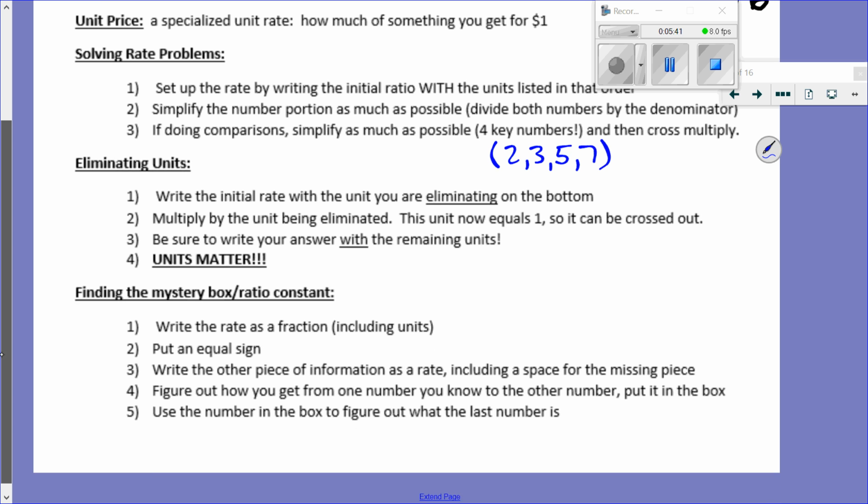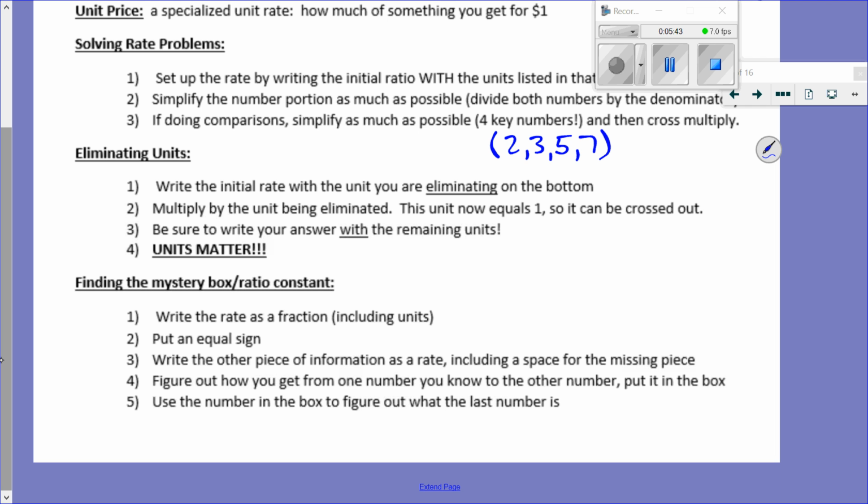Once you have the two numbers, you're going to take a look at them, and here's where the magic box gets in. You're going to write a little box right above your equal sign. I look at the two numbers that are across from each other, and I figure out, how do I get from one to the other? Quick hint, when we are doing these types of proportional things, it will always be multiplication and division.